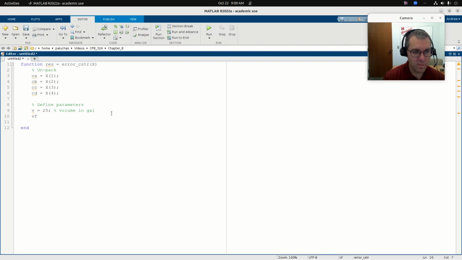V flow is equal to 12.5. So that's my volumetric flow rate in gallons per minute. Then tau is going to be equal to V divided by V flow. So this is my mean residence time in minutes. Cool.